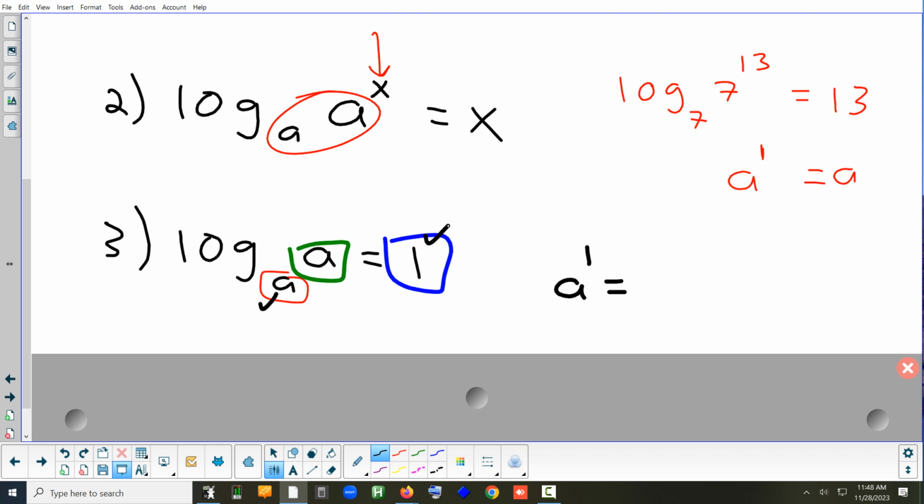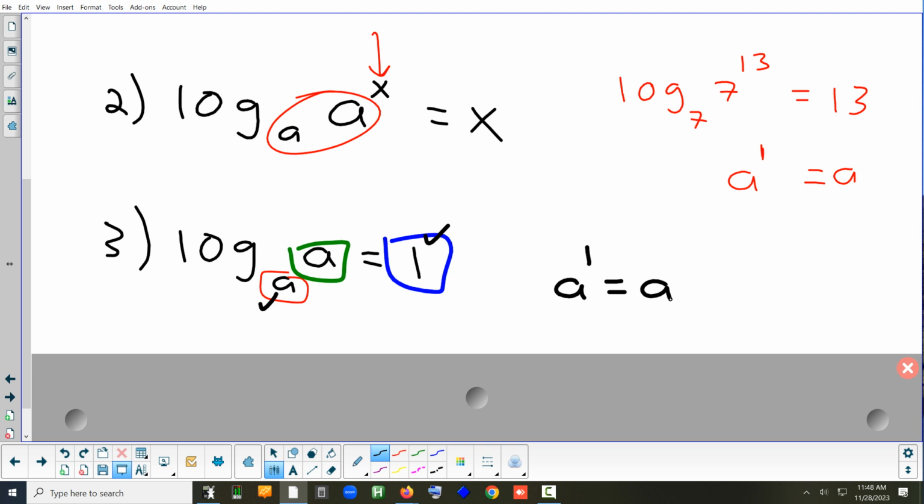And what's supposed to go on the other side? The argument, which is A in the green box. So all that Rule 3 is saying is if you raise anything to the first power, you get the same thing back. This is how you'd see it in Algebra 1. This is exactly the same rule written as a logarithm. Anything to the first power is itself.